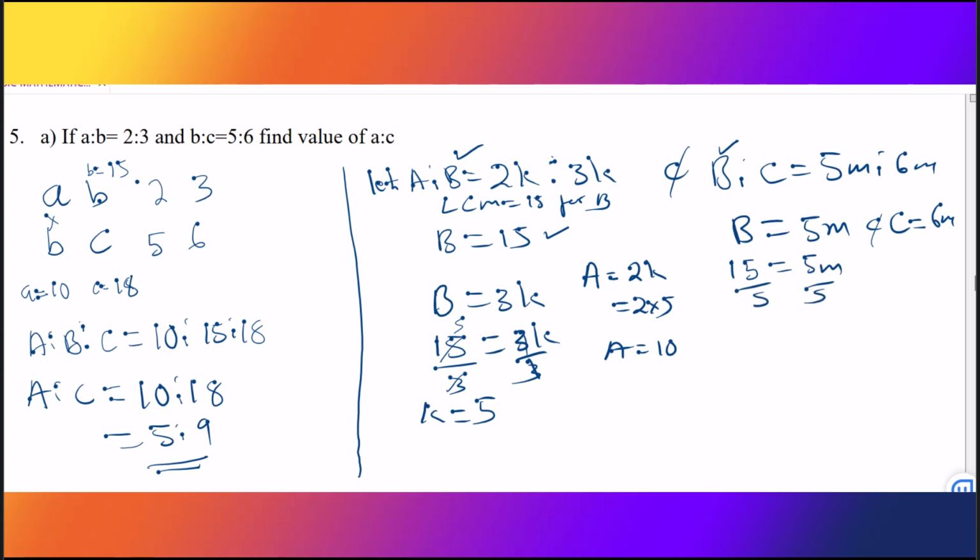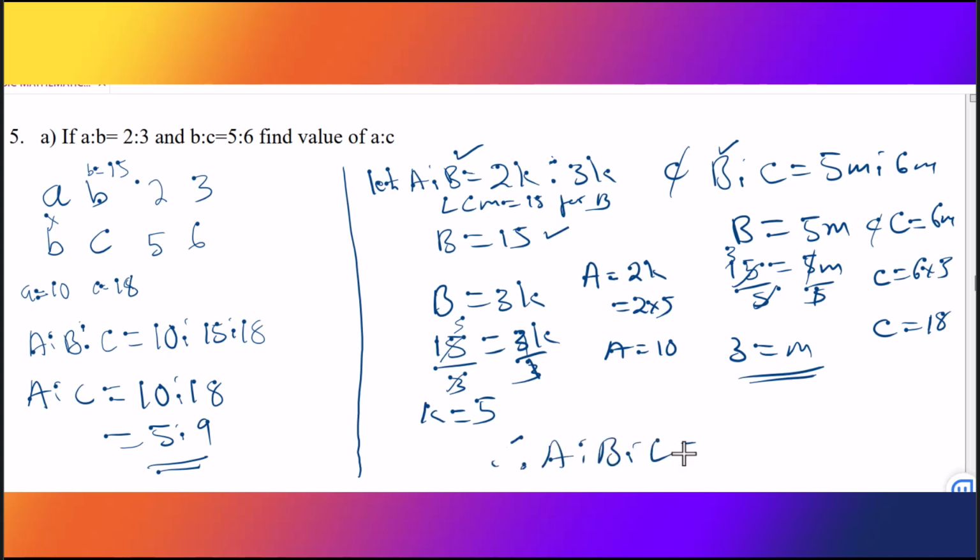Divided by 5, 3 is equal to M. If M is 3, then C is equal to 6 times 3, so C is equal to 18. Therefore, A to B to C is 10 to 15 to 18.